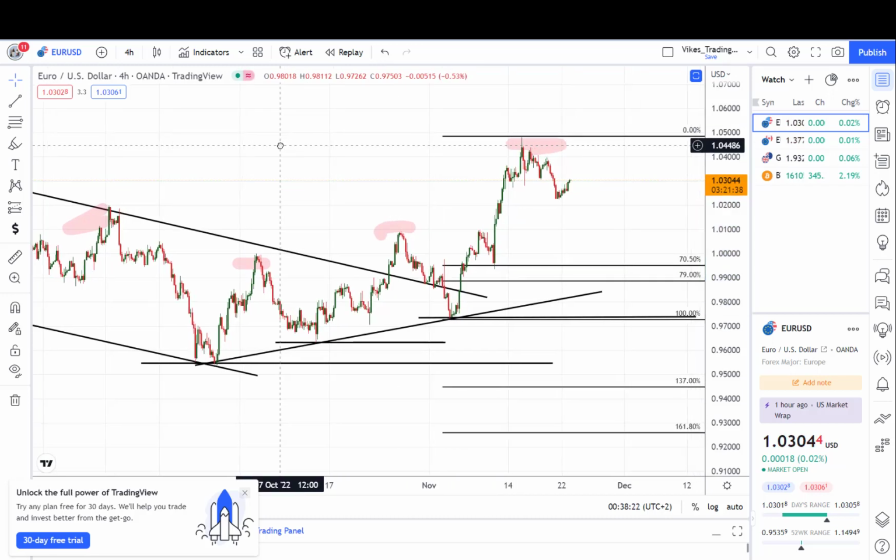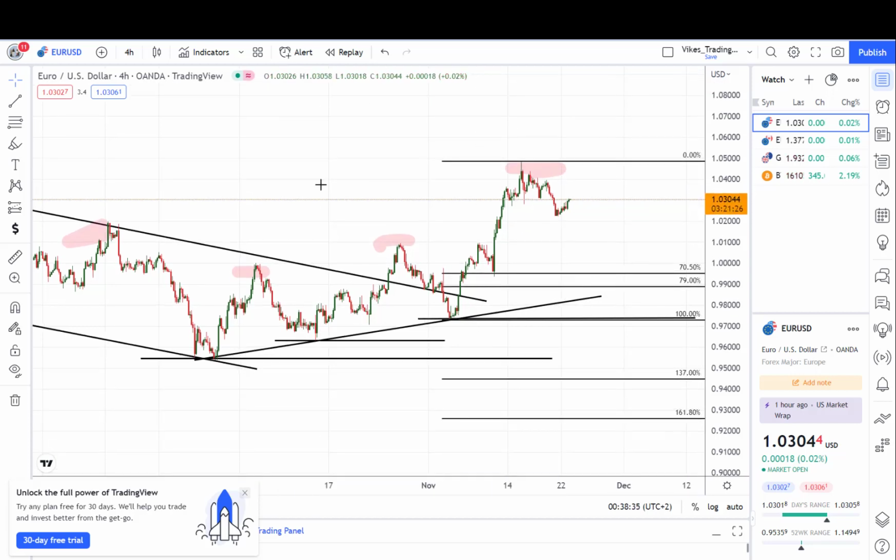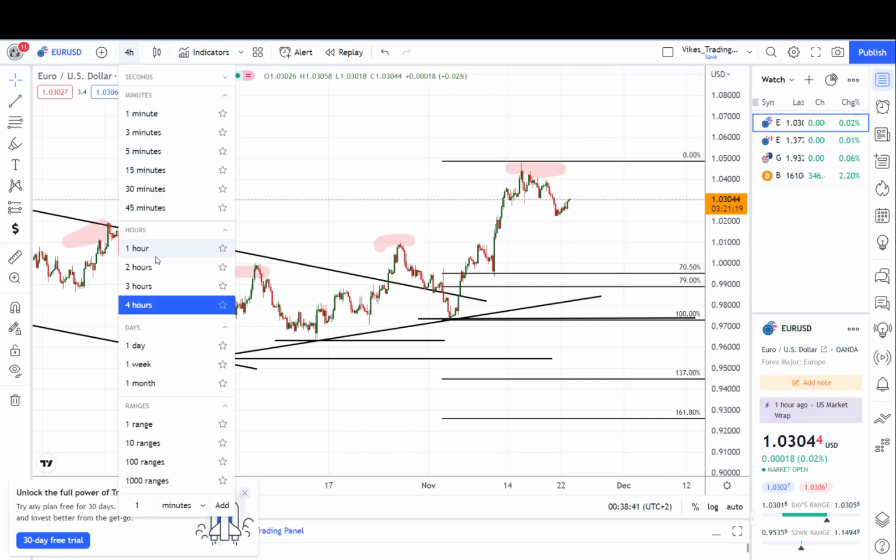So this is how I filter out places that I'll be expecting to trade. If prices don't reach around that place, I won't find a reason to execute that trade. So around this Fibonacci 70.5, I can go to lower time frames, maybe 2 hours.